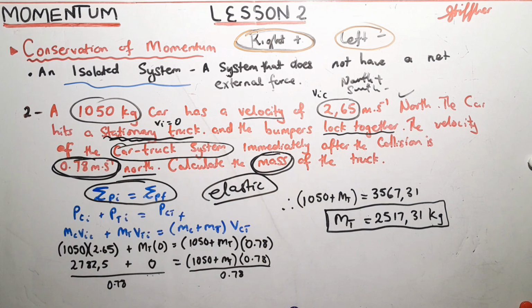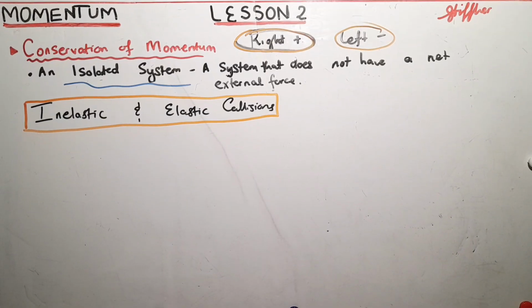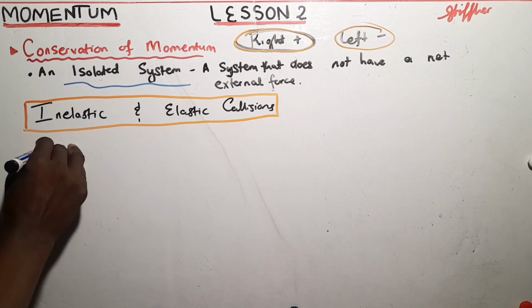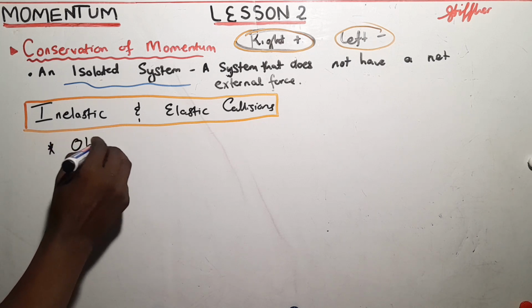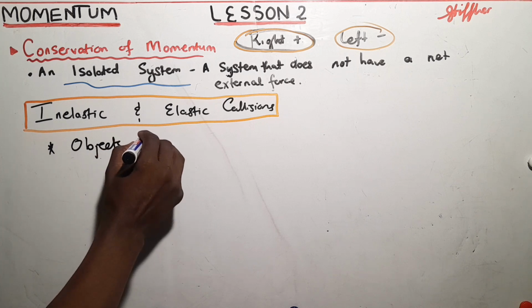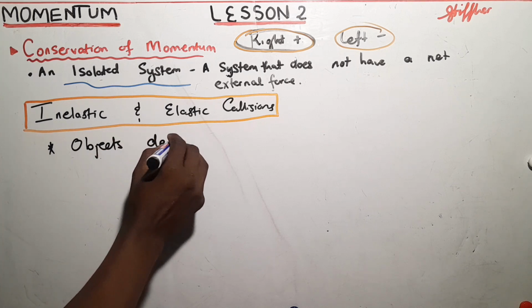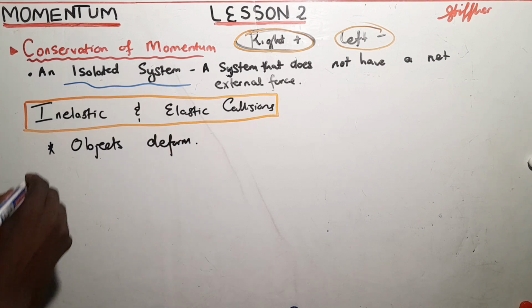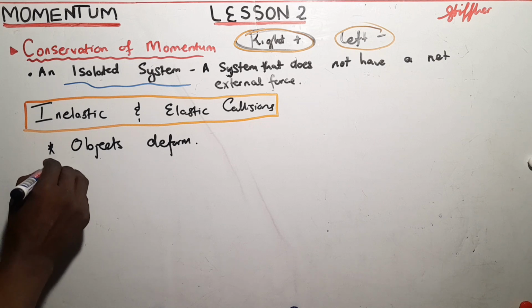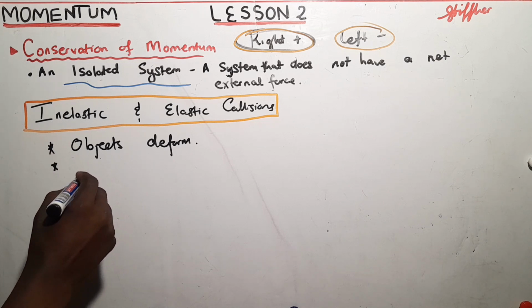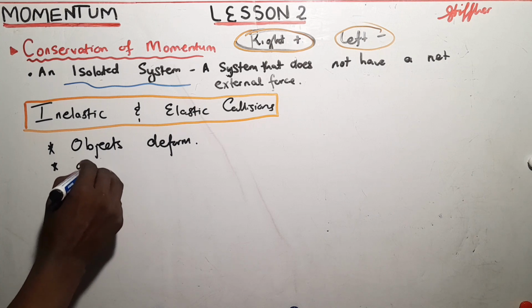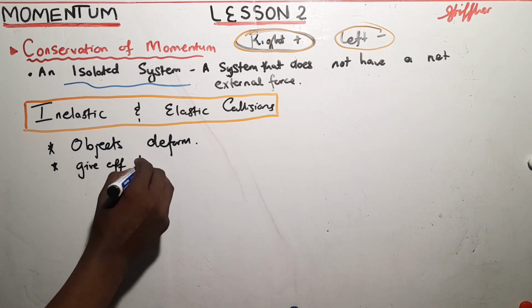Elastic and inelastic collisions. Sometimes when a collision occurs, we see that objects deform. It means that they change their shape, or sometimes they give off light.